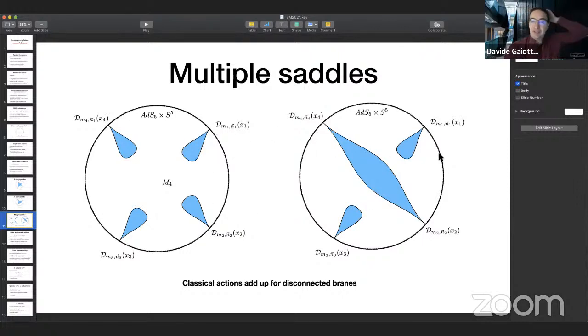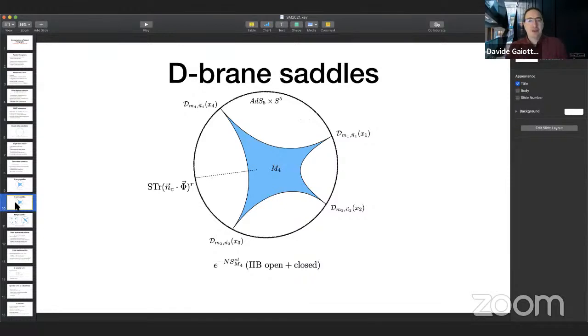There might be many different ways of filling in with the D3 brane these asymptotic tubes that are coming in from the boundary. You might have completely disconnected saddles where each tube closes off at some distance from the boundary. You might have partially connected saddles where some tubes connect to each other and some close off. And then you could have perhaps this sort of amoeba where all tubes come together and merge.